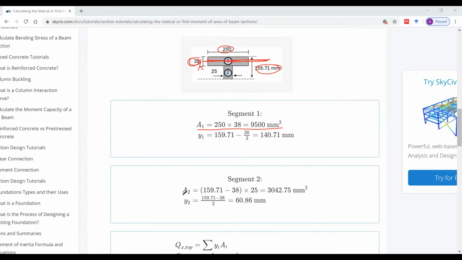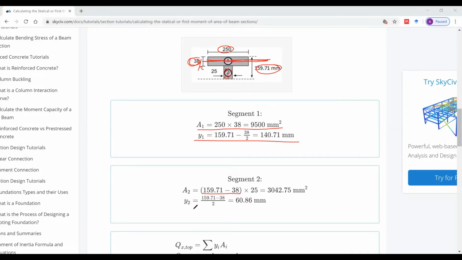So that's what we can do here. Okay, guys. This is y1, and for A2, which is this area, you can get it easily, and that's not a big deal here.